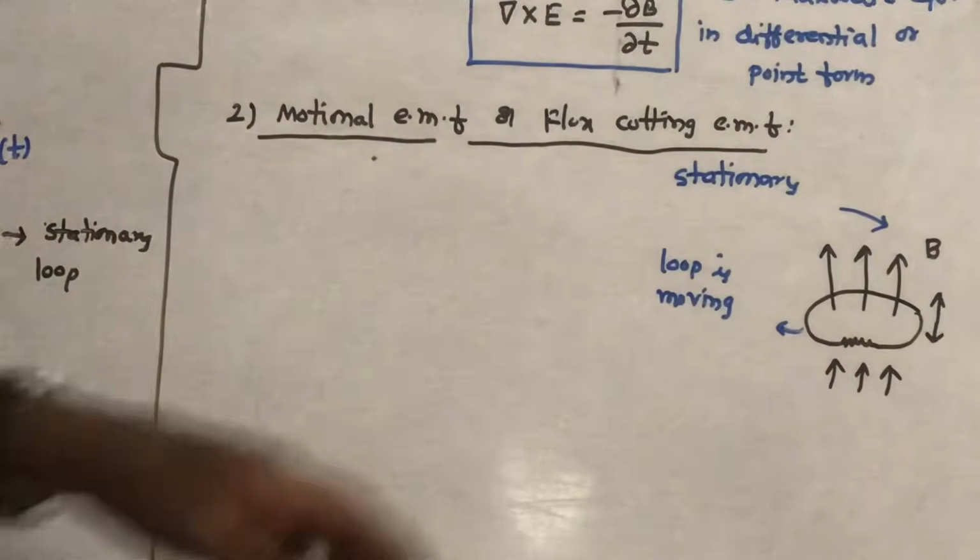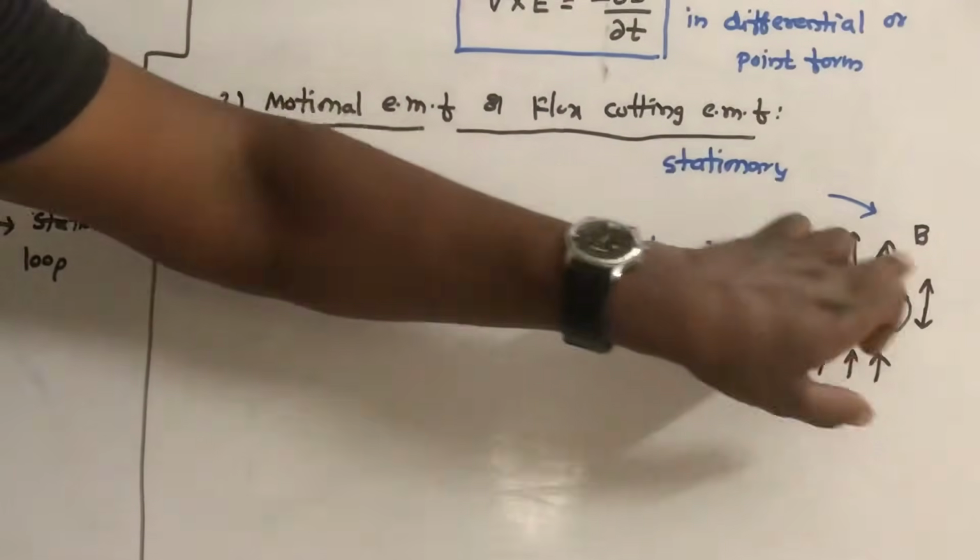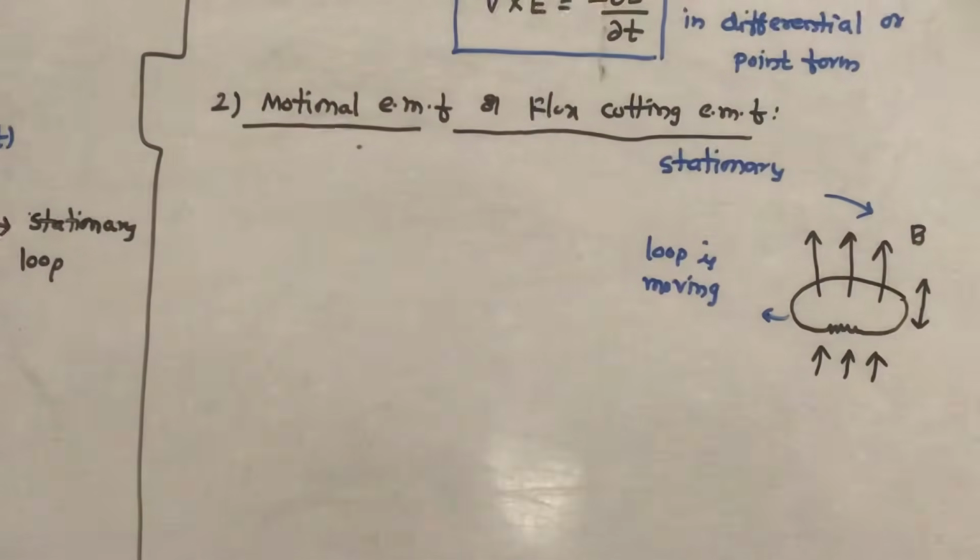Therefore, in this case, the EMF induced in a moving loop in a stationary magnetic field is called motional EMF. So what is the motional EMF?